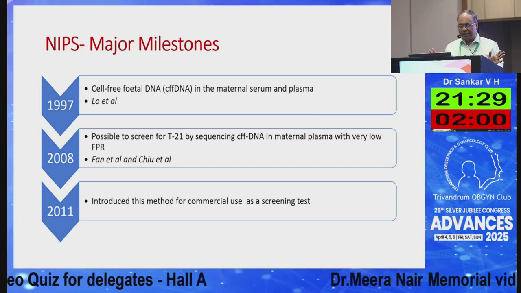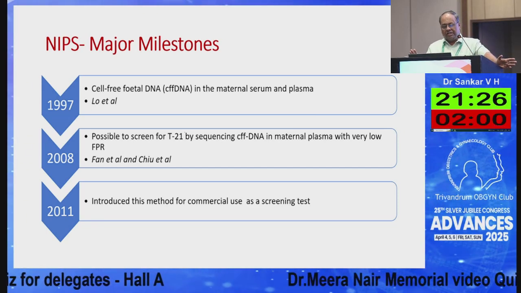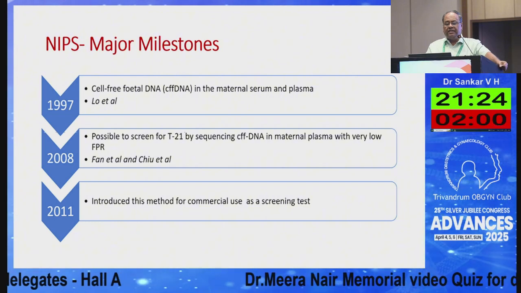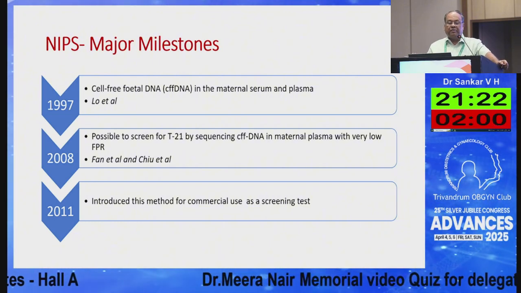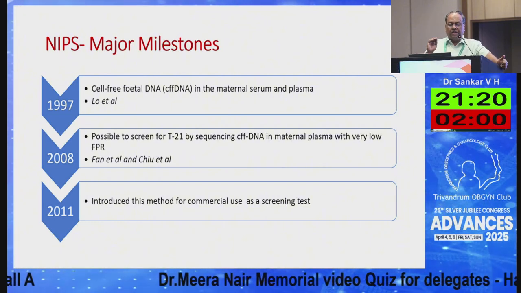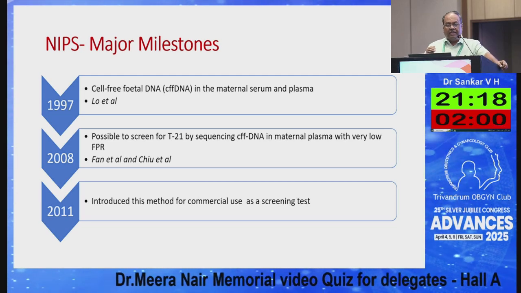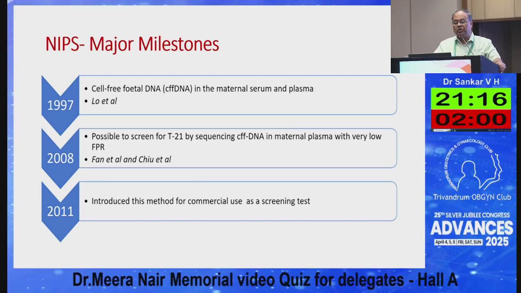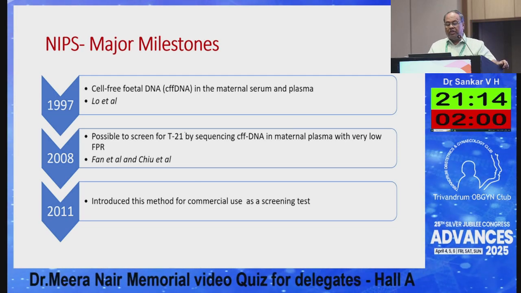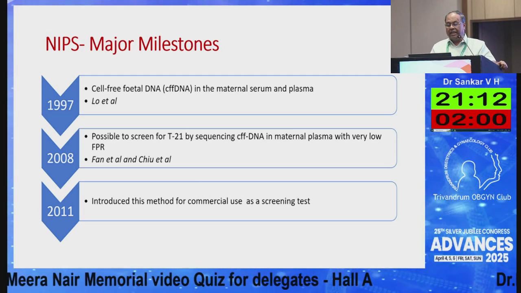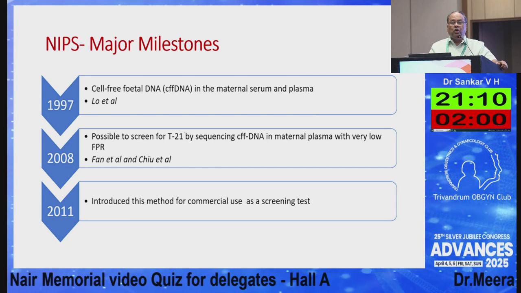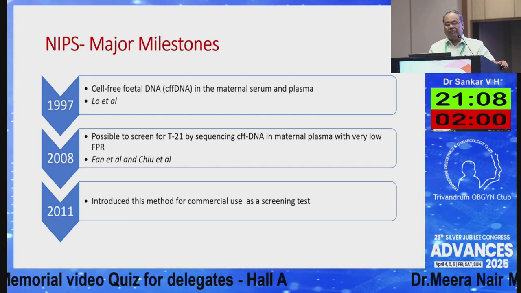Now coming to NIPS. What are the major milestones? In 1997, cell-free fetal DNA in the maternal serum and plasma was identified by Lo et al. And 2008 is the next major milestone, where it became possible to screen for T21 by sequencing of cell-free fetal DNA in maternal plasma with a very low false positive rate, by Fan et al. and Chiu et al.